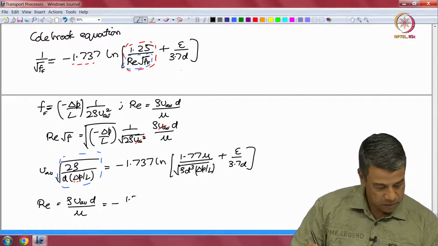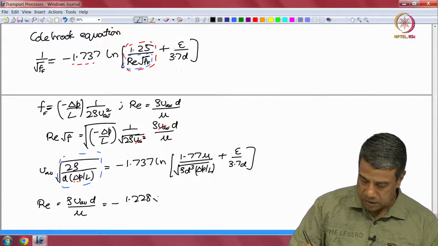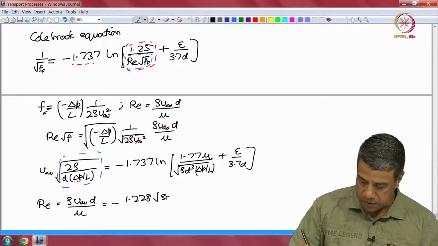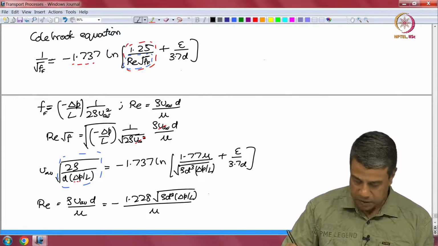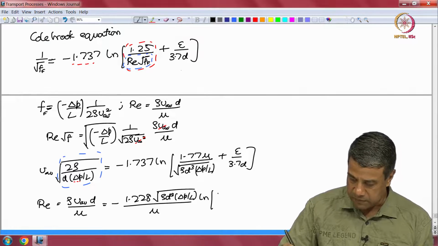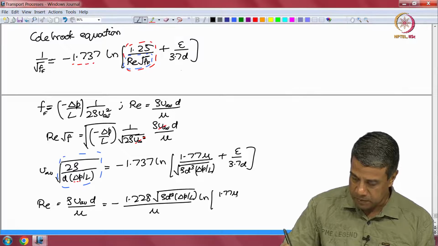minus 1.228 root of rho d cubed delta P by L, divided by mu, times ln of the same factor 1.77 mu by root of rho d cubed delta P by L, plus epsilon by 3.7 d.